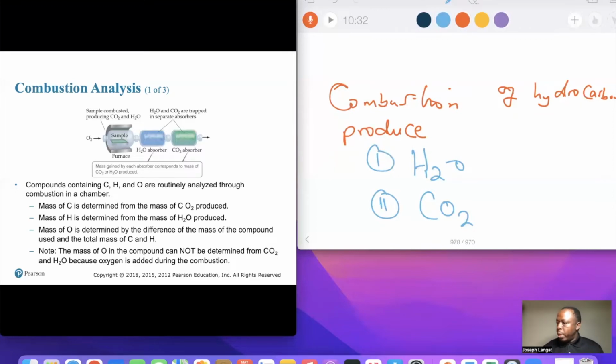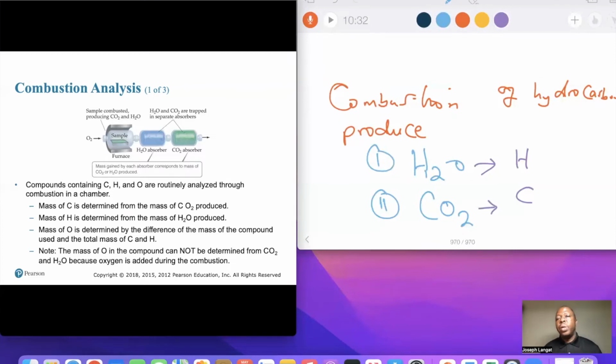So the H2O will be used to find the number of moles of hydrogen. CO2 will be used to find the number of moles of carbon. And of course, if the masses of hydrogen and carbon do not add up to the mass of the hydrocarbon, that means the remaining mass is for oxygen.